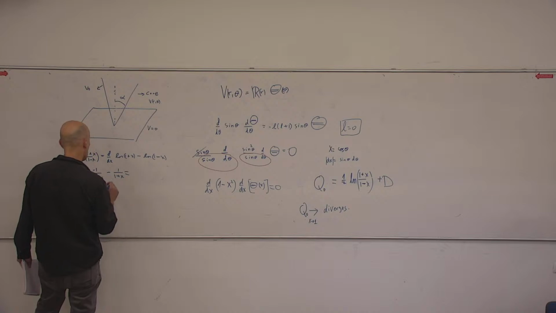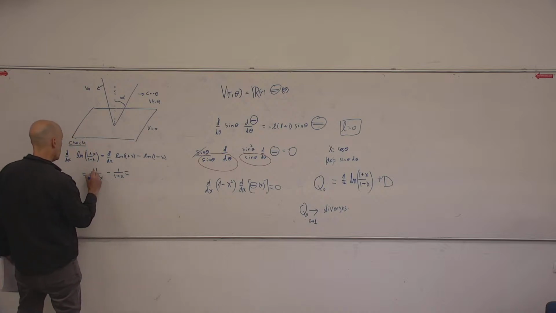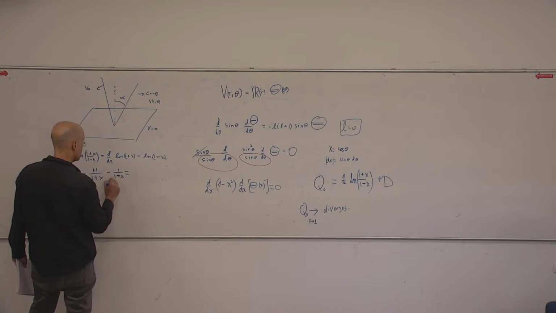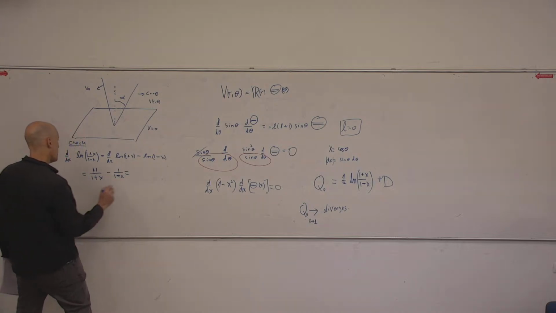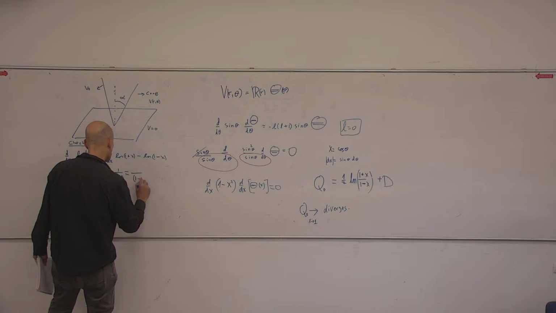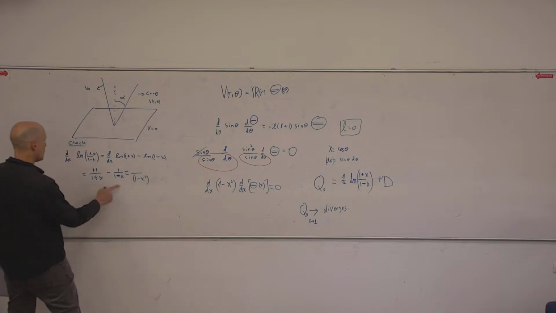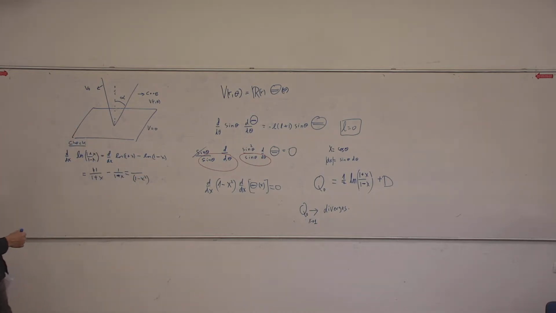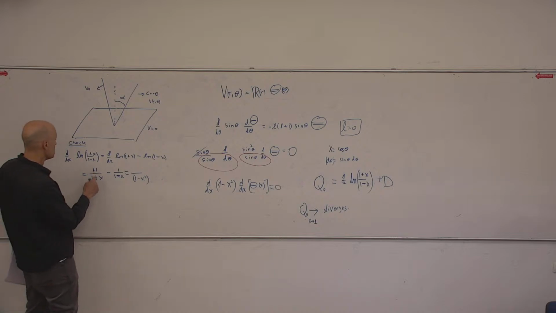Minus. This is a plus, this is a plus, this is a minus, minus. Then this is 1 minus x squared. When I join them together, this is 1 minus x. And this is 1.